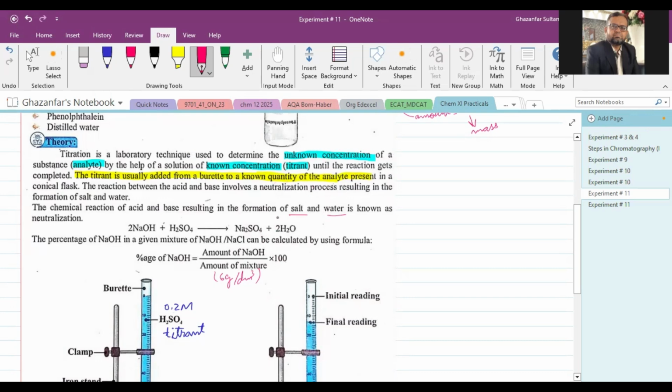But before the calculation, a student should know the ionic equation for the neutralization reaction. Remember that if we write it in ionic form, there would be 2 sodium ions plus 2 hydroxide ions in aqueous form. State symbols are required.